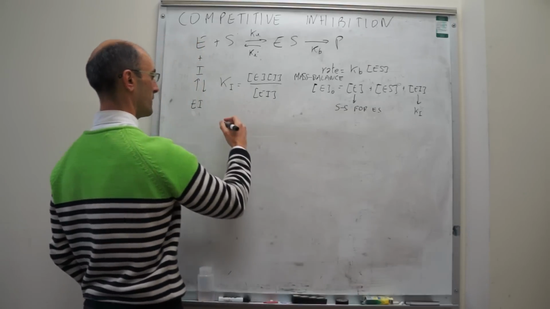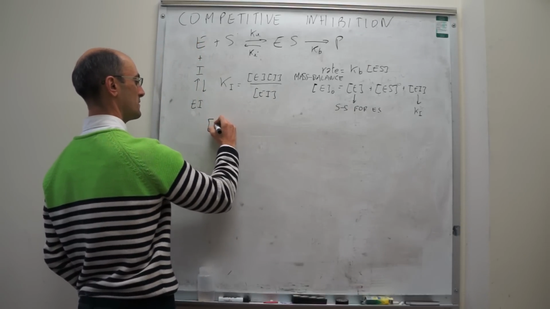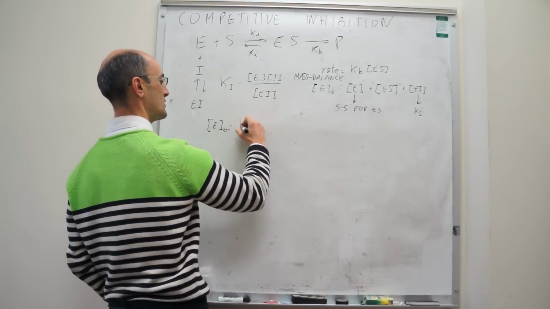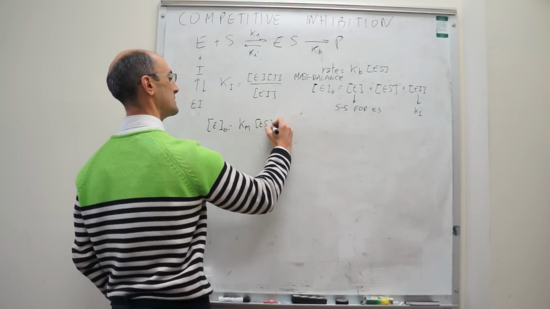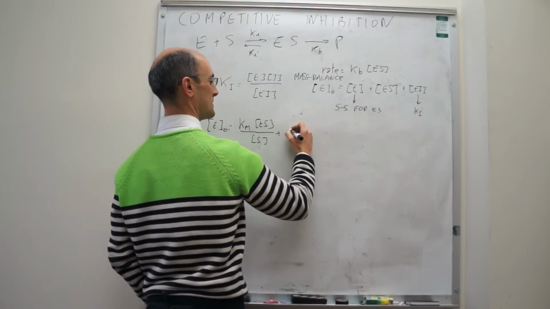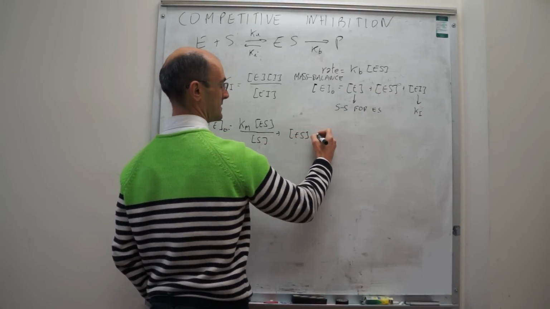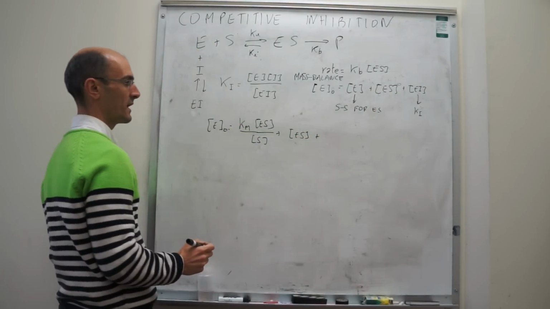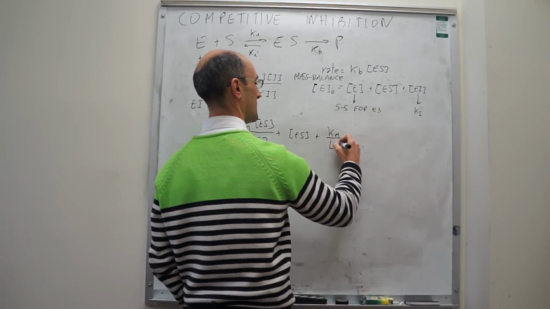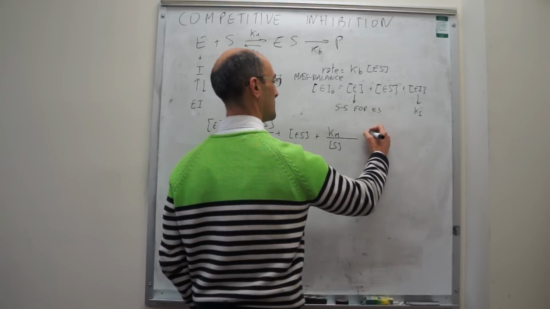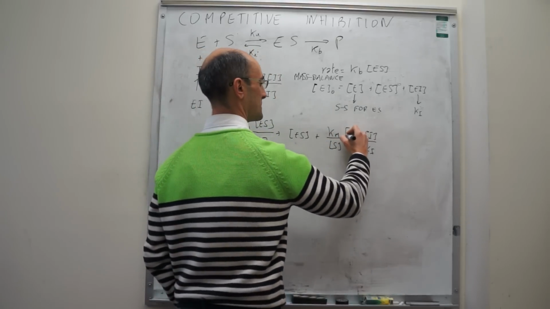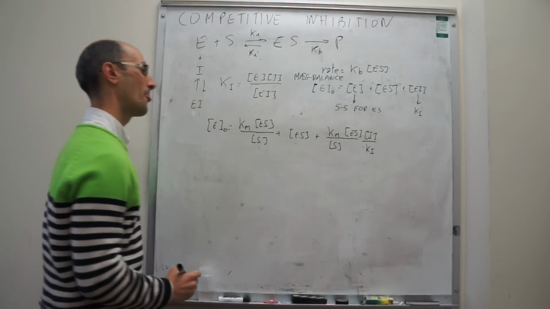So following here with the mass balance of the enzyme, we have that the concentration of E at time 0 is going to be equal to the concentration of E, which is simply K sub M, concentration of ES over concentration of S, plus ES, plus that, which we just have said was equal to K sub M, concentration of S, concentration of I over K sub I, and then concentration of ES. So that is the expression.